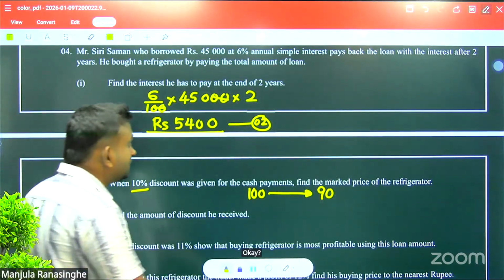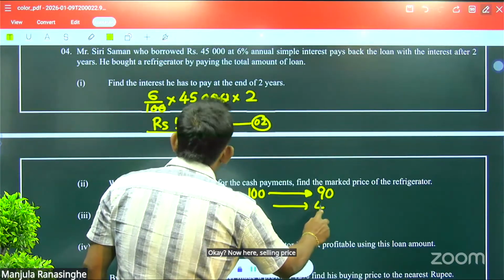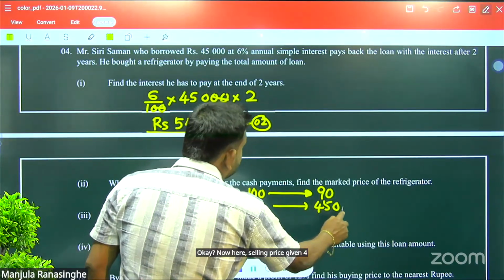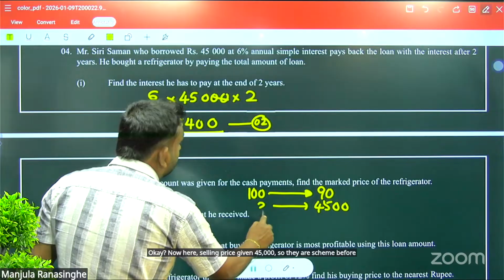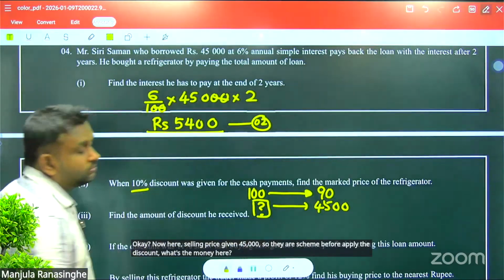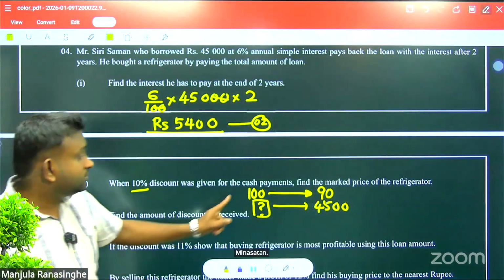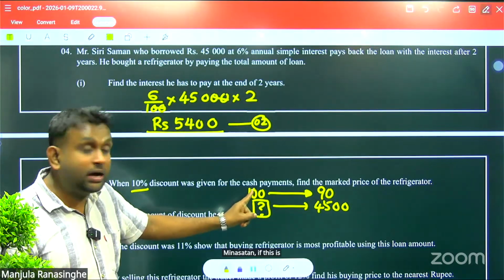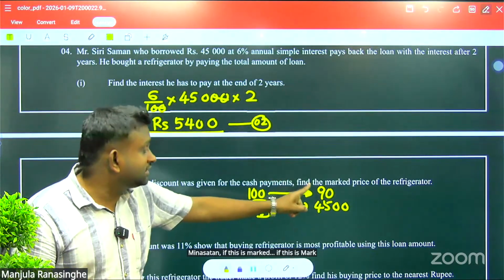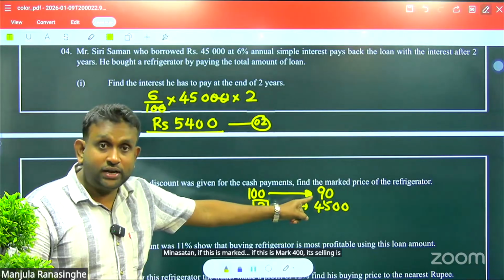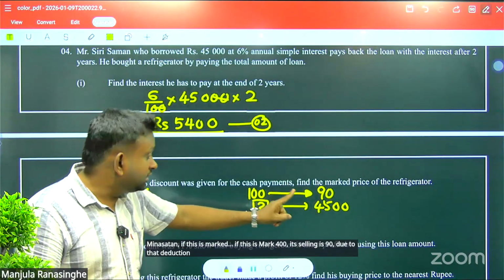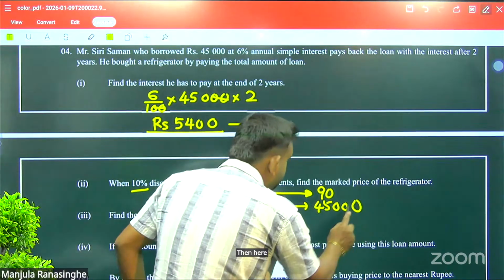Now here the selling price is given, 45,000. So they are asking, before applying the discount, what's the money here? If this is marked for 100, its selling price is 90 due to the deduction of the 10%. Then here they have sold for 45,000.